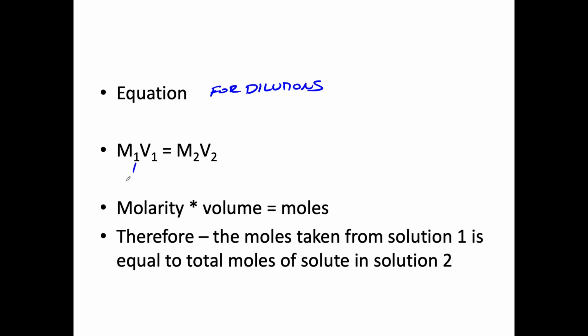This is moles out and moles in. So the total moles we take out of solution equals the total moles we have in our final. That is, the concentration of 1 times the volume of 1 that we take out equals the moles in, the concentration of 2 times the volume of 2.